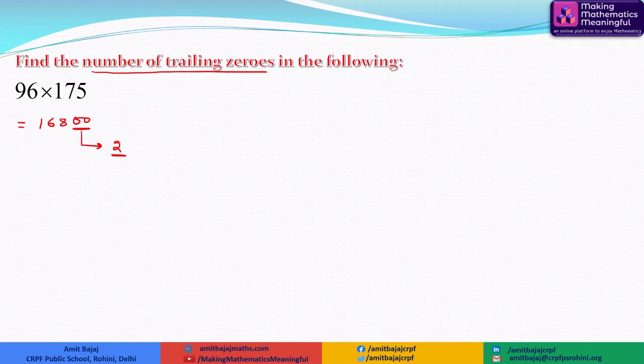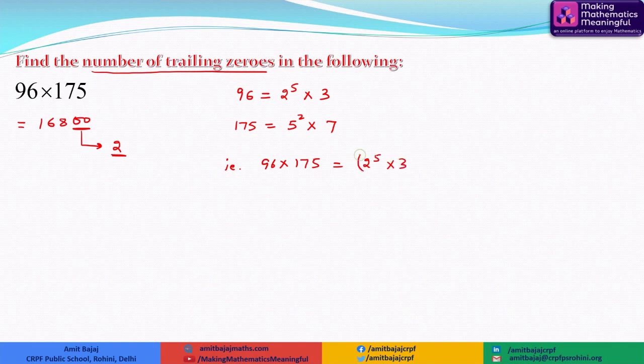The other way to understand this problem is that 96 is actually 2 power 5 into 3, and 175 is 5 square into 7. So 96 into 175 will be 2 power 5 into 3 into 5 square into 7.